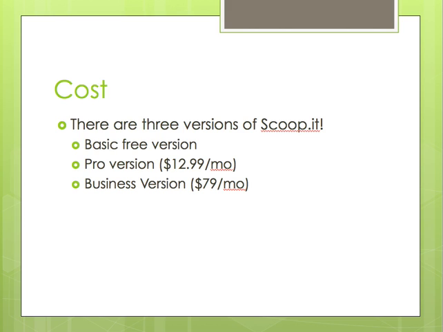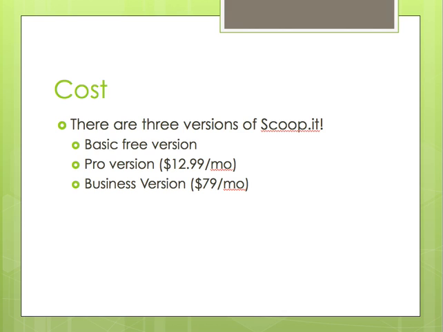The pro version allows you to have analytics behind your brand and find out like where people are coming from and the type of traffic that you're getting to your site. You also have a little more flexibility with the type of links and text that you can add to your scoops with the pro version.